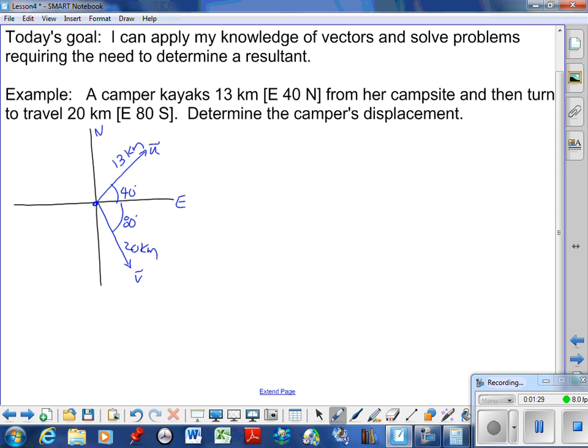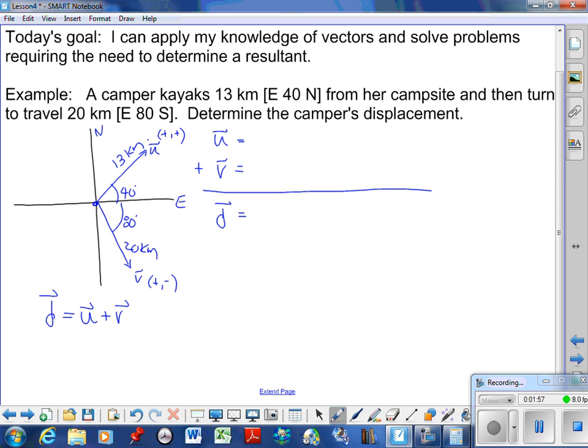We want to know the camper's displacement. Her displacement, and I can use a D for displacement, is just going to be U plus V. So the U vector plus the V vector gives me my displacement vector. You can use R here for resultant, that's fine by me. This one will have positive X, positive Y. This vector will be positive X, negative Y. So I will have 13 cos 40 i plus 13 sin 40 j.